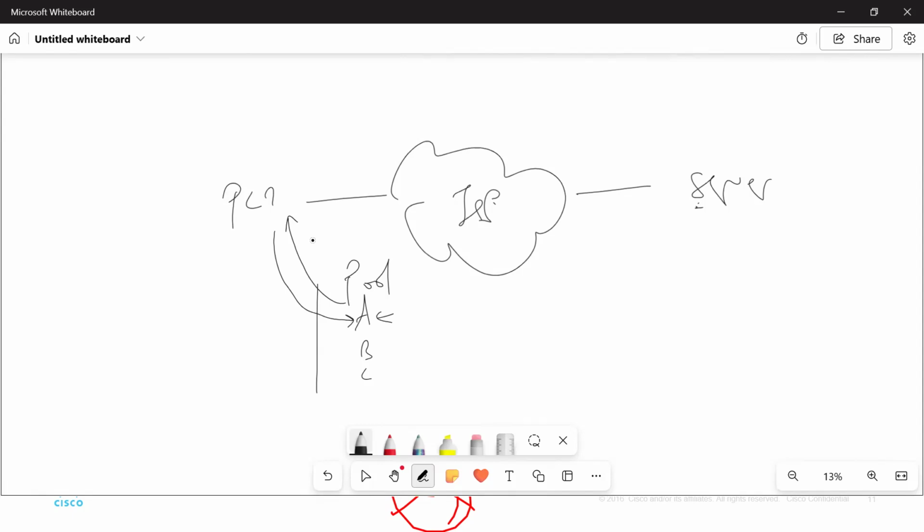However, if we have an inbound session, an initial session coming from this server, we might have a problem. Let's have another PC2 first. So as I said in the first session, PC1 is trying to connect to the server. It gets assigned this address. That session ends. It means this address is now available.